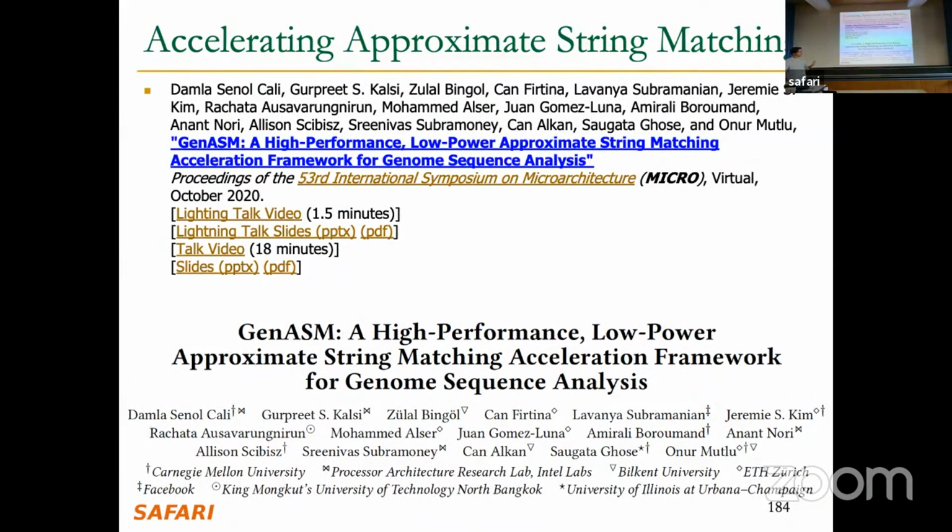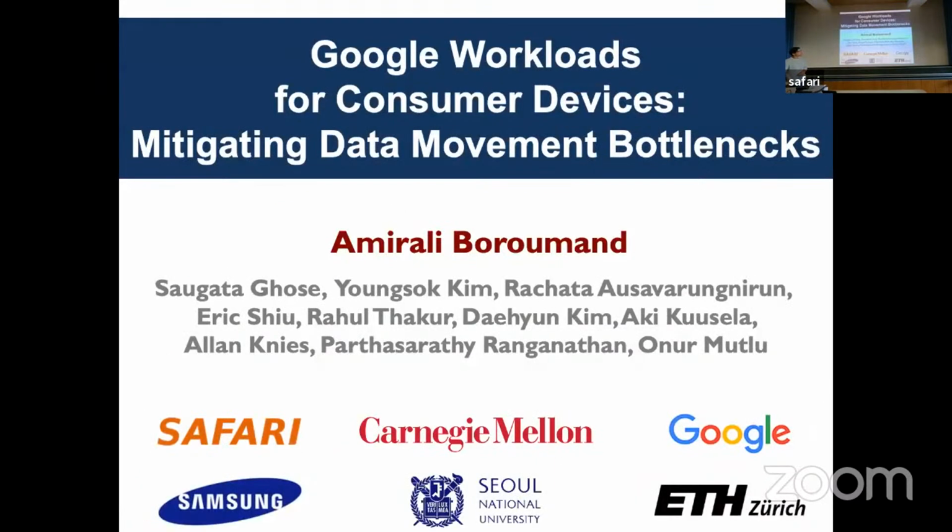GenASM proposes a new algorithm that is pretty efficient and also comes with its own near-memory accelerator. As I said, I mentioned this work earlier as well. Probably you will learn more about it in a later lecture.